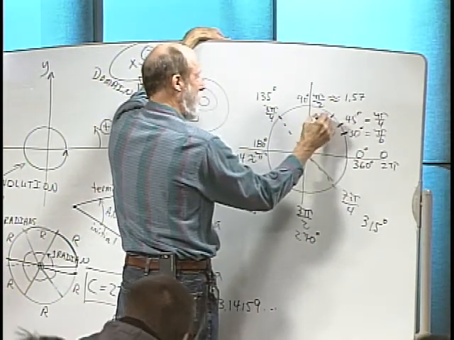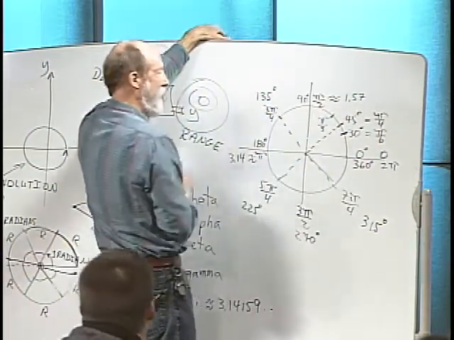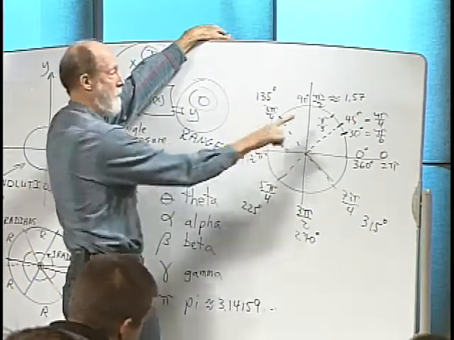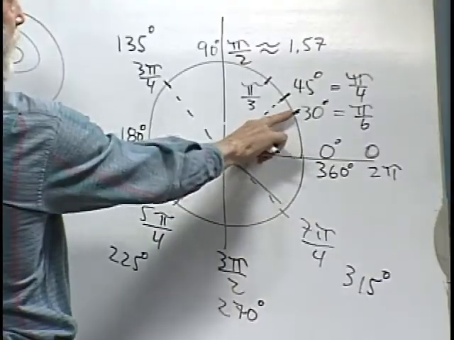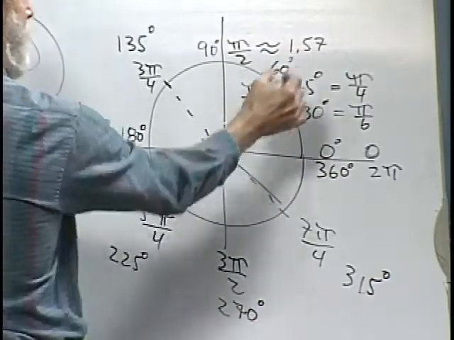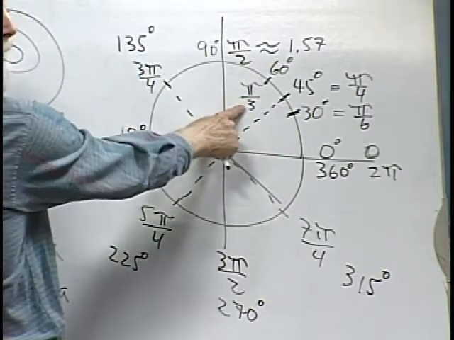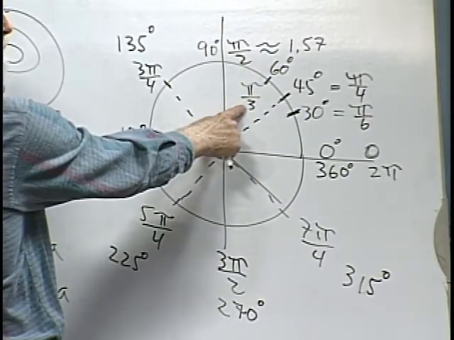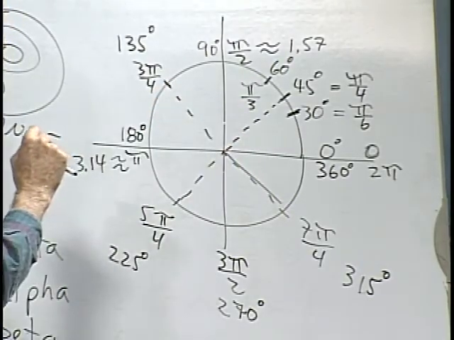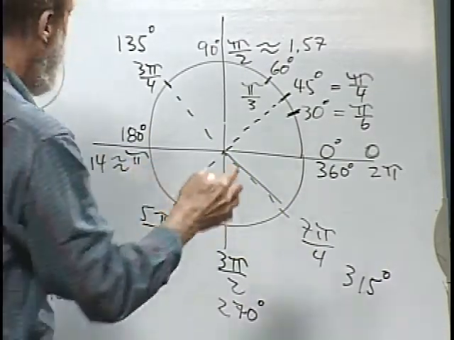And just because of the confusion on the board here, I'm going to just write it inside there. Pi over 3 ends up there, doesn't it? So we got 30 degrees. We're up to 60 degrees here, right? Which is equivalent to pi over 3 radians. Feel good?